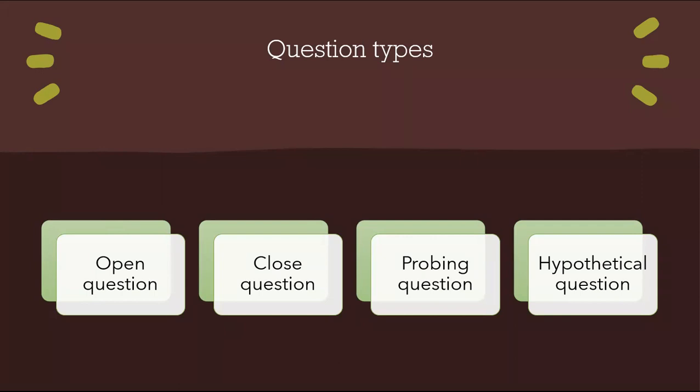A probing question, on the other hand, is not used for breaking the ice, but to investigate more facts from the other party. It looks like this: can you tell me more about your product? That is a probing question. We discover more facts from the other party by using this type of question.